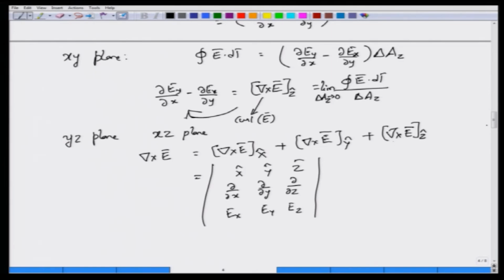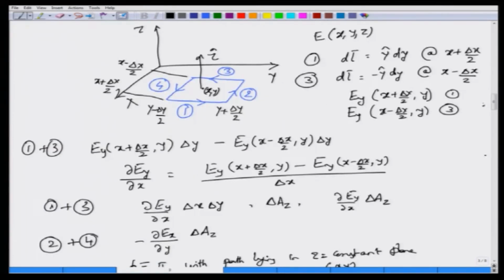If I want to find the z component, I need to look at the determinant here. So, that would be del E y by del x minus del E x by del y, just as we have obtained. However, I would like you to go back, and this derivation I want you to understand, so that you can actually reproduce the required result for curl without having to remember the determinant.